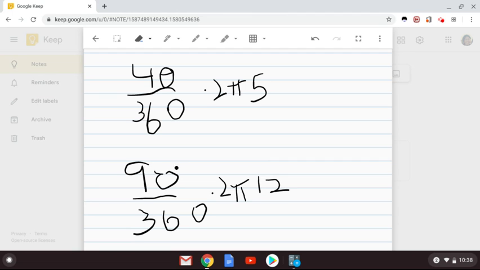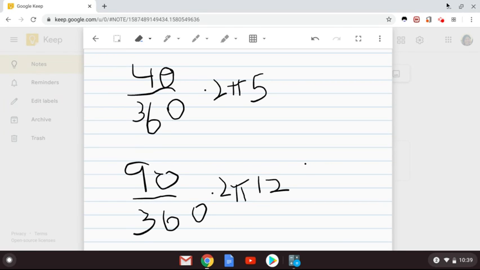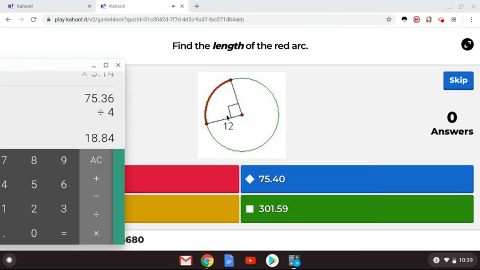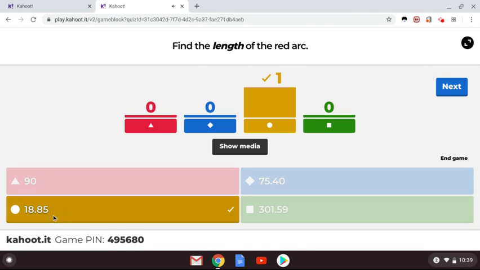So this is 1 over 4. This is 24 times 3.14. So let's do that. 24 times 3.14 divided by 4 is 18.84. So it's right over here. I just rounded it off.